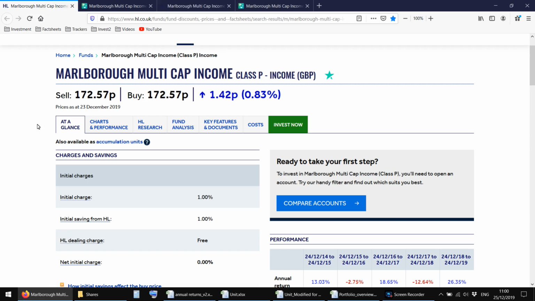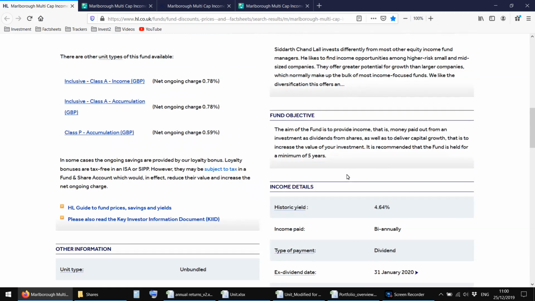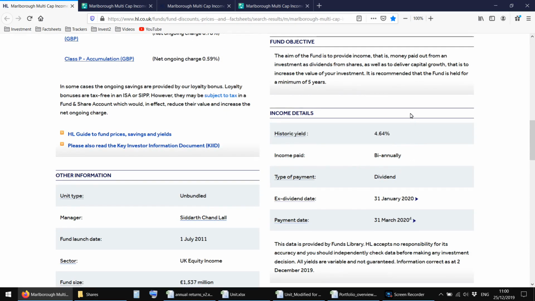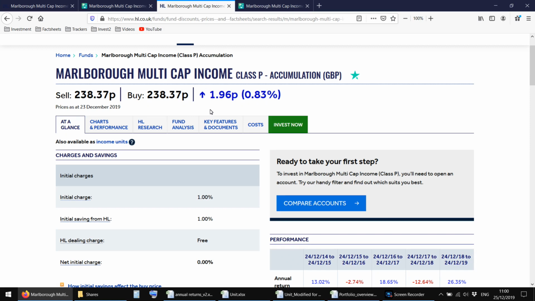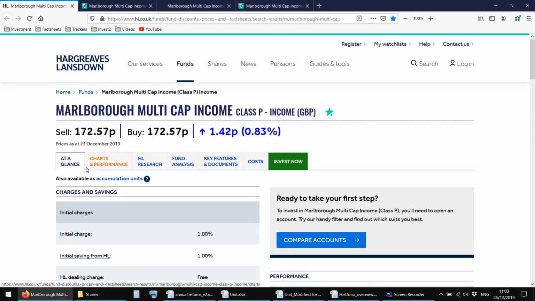Whereas the income units track the accumulation units, except in the case of Marble Multicap, on these two dates, the 31st of January and the 31st of July, they go ex-dividend and actually pay you the cash dividend, whereas the accumulation unit just keeps the money within its unit price. That's why the price of the accumulation unit is higher than the price for the income unit.